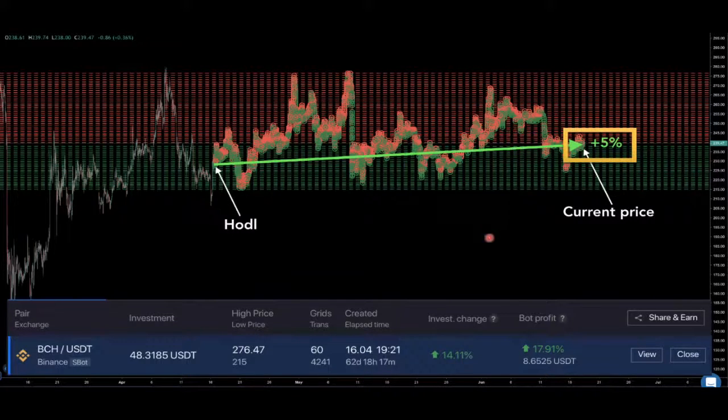And that's why the bot profit is priced in the investment change, and that's why investment change significantly outstrips the ordinary hodl strategy. So automation on the sideways market is a 100% guarantee that it will outperform a simple hodl strategy. So you are looking for sideways formations because on a sideways market, automation works the best.